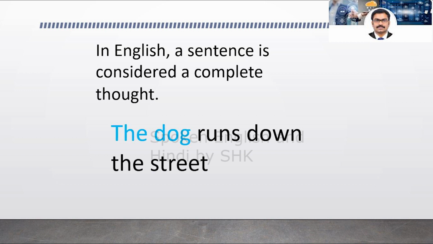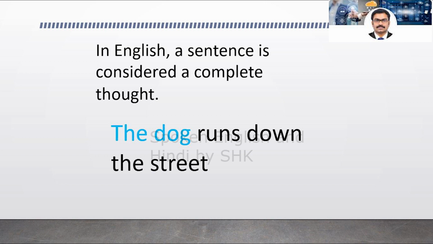In English, a noun is any person or place or thing. So again, our example sentence, the dog runs down the street. This is our subject. The dog is a thing. It's an animal. This is who or what the sentence is about. The dog is the subject.